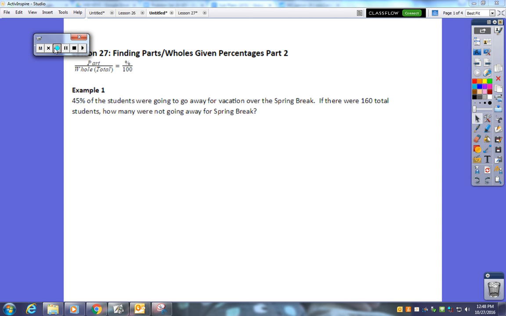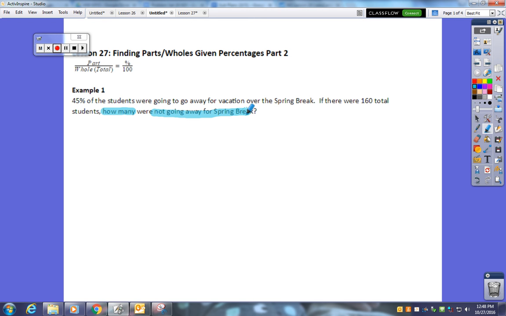Example 1 says 45% of the students were going to go away for vacation over the spring break. If there were 160 total students, how many were not going away for spring break? The question is asking how many were not going away for spring break.